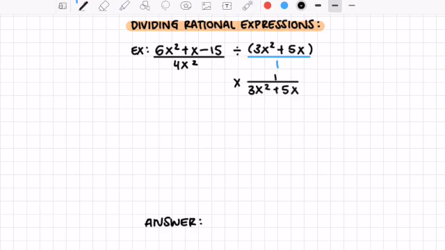The left side is still going to be exactly the same: 6x squared plus x minus 15, all over 4x squared. Okay, so from there, again, just factoring things out. 6x squared plus x minus 15.